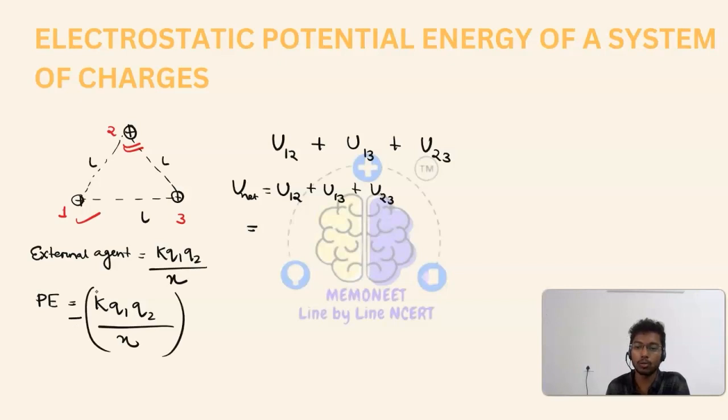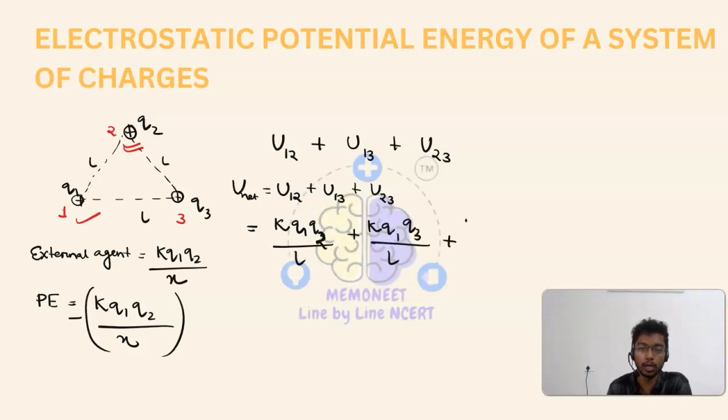So, let's say this is Q1, this is Q2, and this is Q3. So K Q1 Q2 upon L plus K Q1 Q3 upon L, plus for the third one, K Q2 Q3 upon L. So this is the net potential energy of the system of charges here.